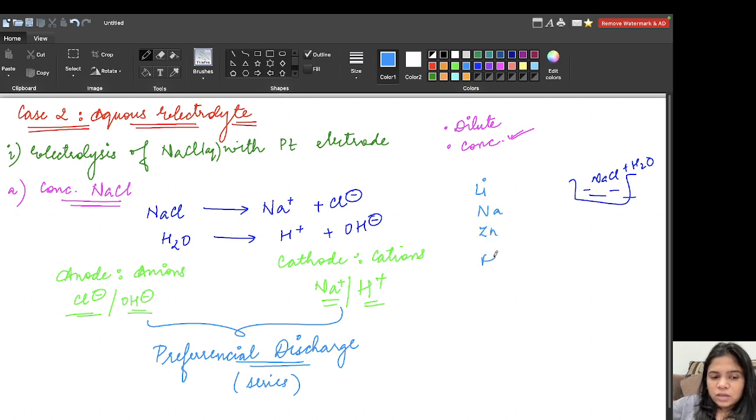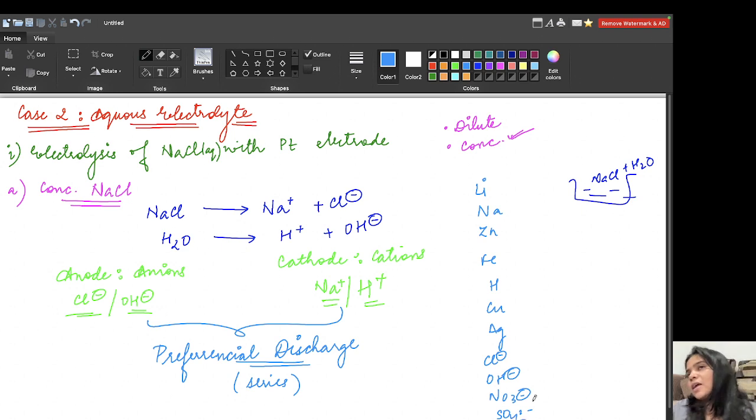Li, Na, Fe, H, copper, Ag; Cl minus, OH minus, NO3 minus, SO4 2 minus and F minus. Do you remember in our electrochemical series we used to think cathode should be more lower, right?